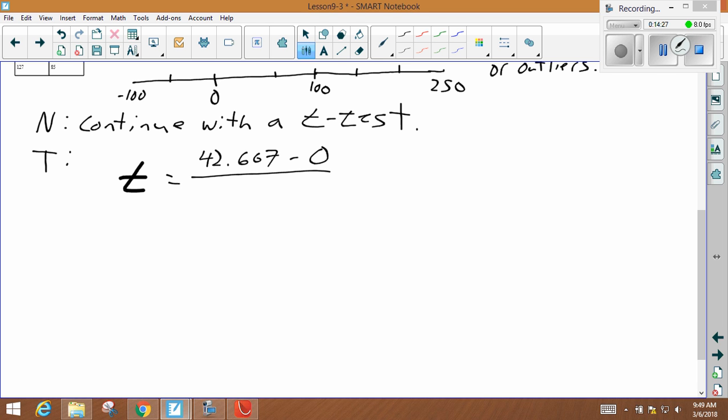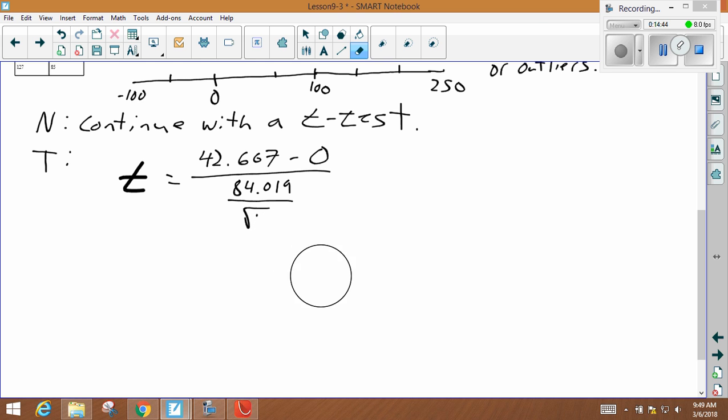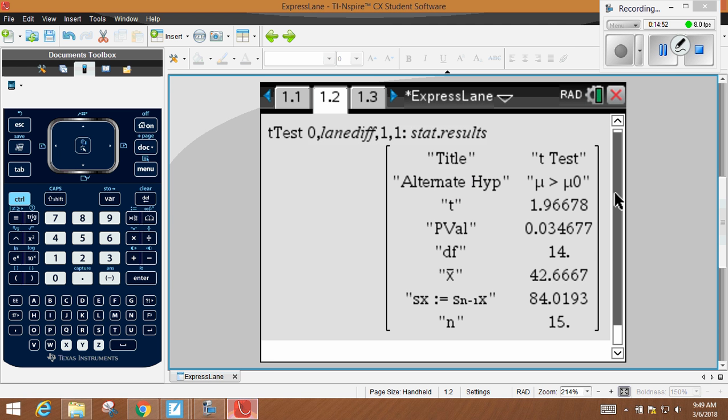Anybody got that for me? 84.019 divided by the square root of 15. Which turned out to be approximately 1.967.